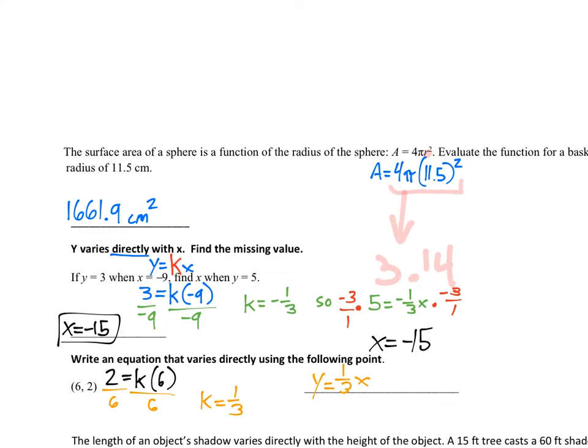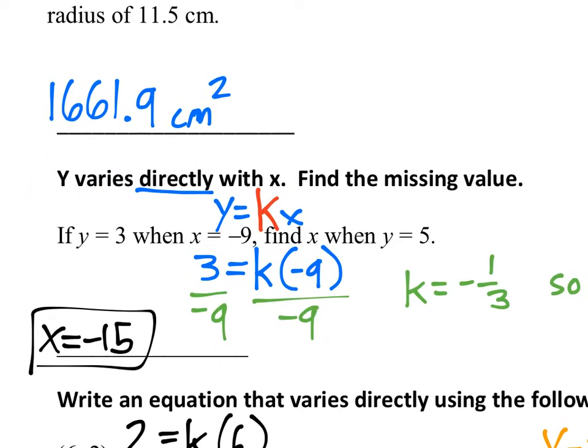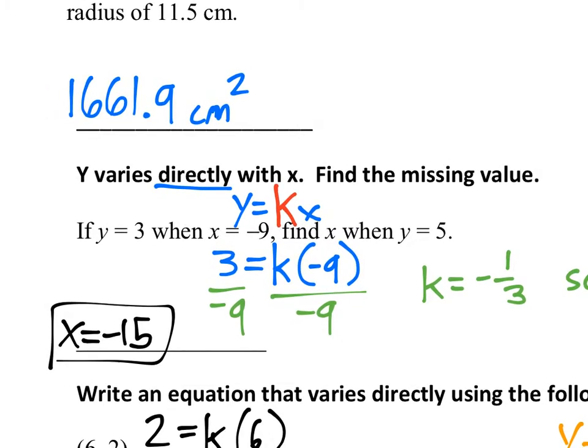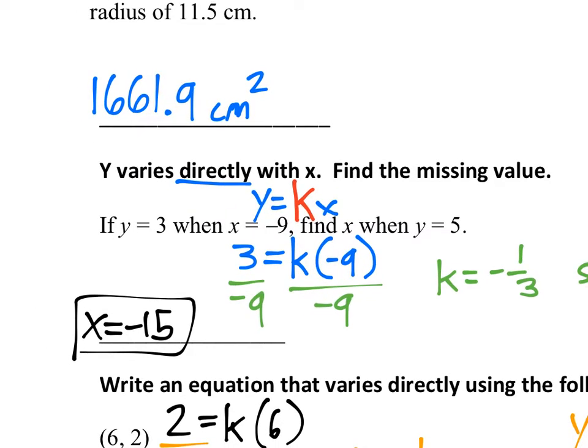Alright, y varies directly with x. Find the missing value. Y equals kx is what it means to have y vary directly with x. Every time you see y varies directly with x, you should be thinking y equals kx. In this case, we plugged in our y, we plugged in our x, and then we found k right here.